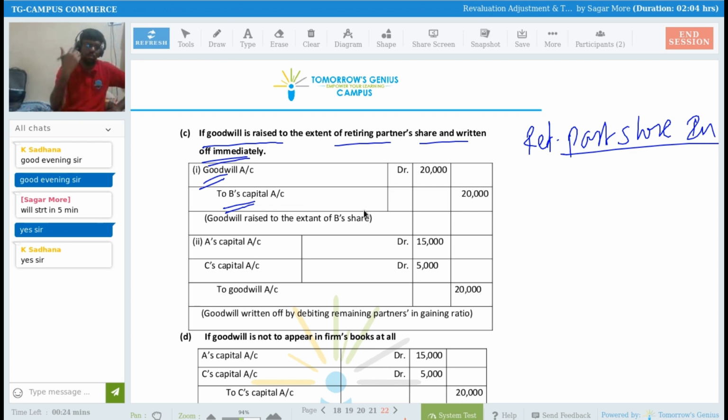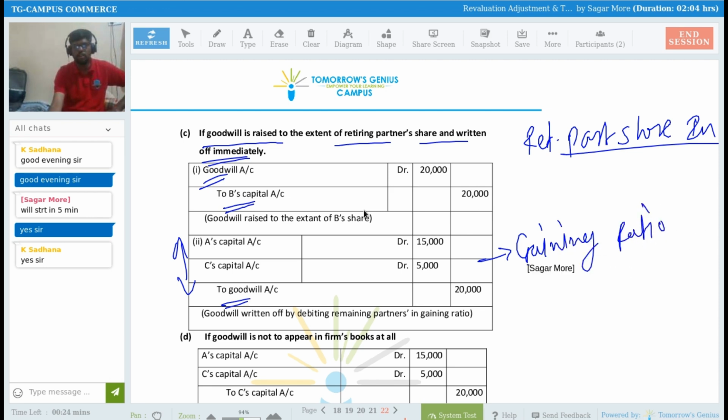After that, writing it off means you debit continuing partners' capital accounts and credit goodwill account. In which ratio? In their gaining ratio. This is important to understand. You debit the same to A and C in their gaining ratio.